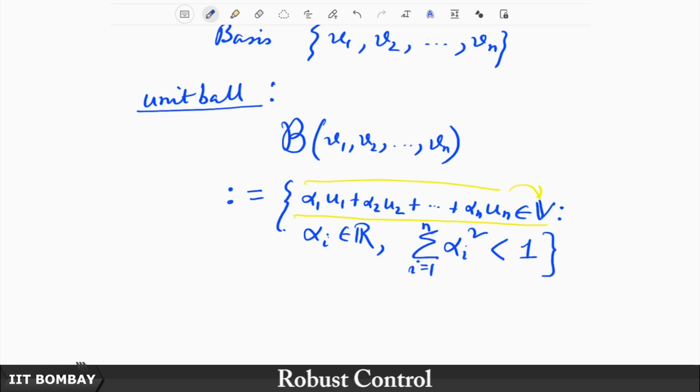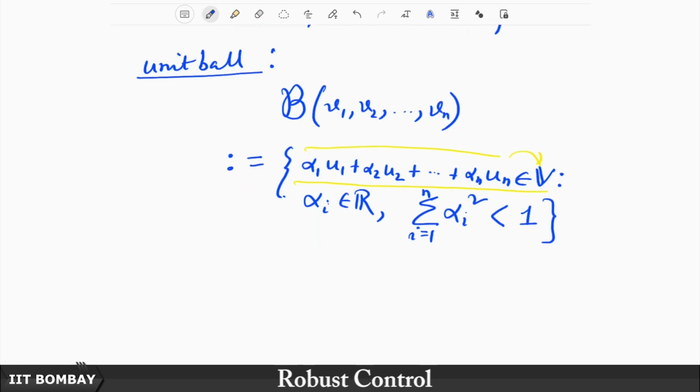So, this ball, although we have a tendency to think of a ball as something round or spherical, in this case it need not be so. It totally depends on what choice of basis you have made. In fact, they are also not normal vectors, so these are not unit norm vectors.